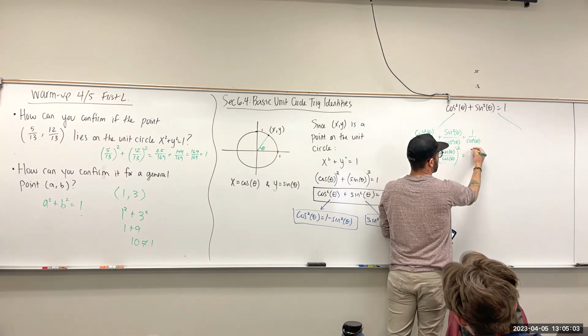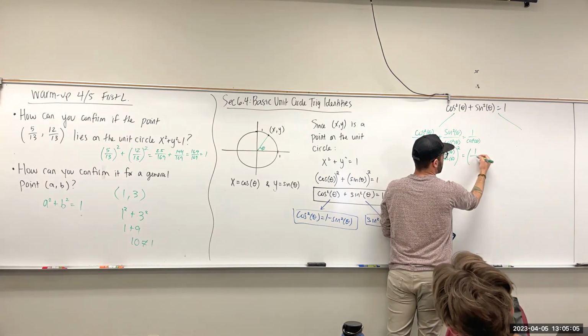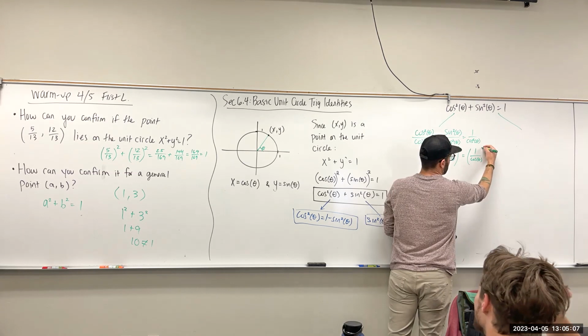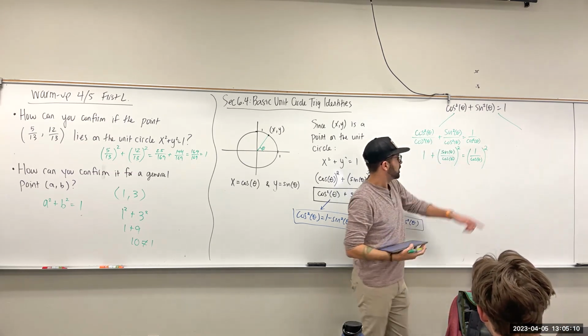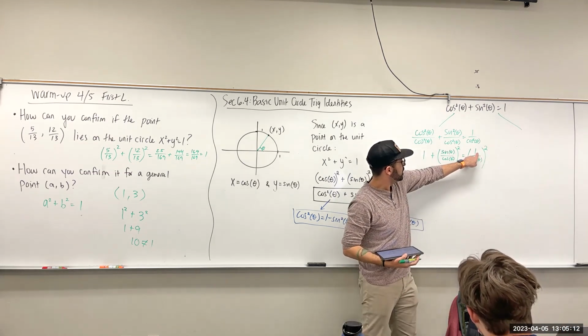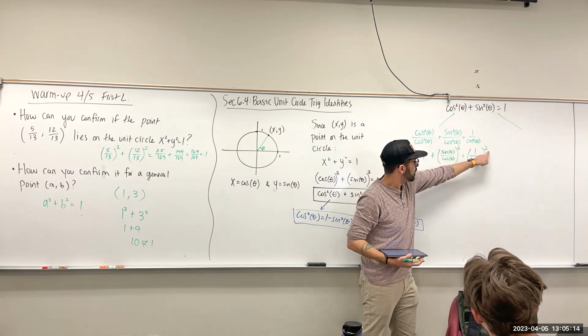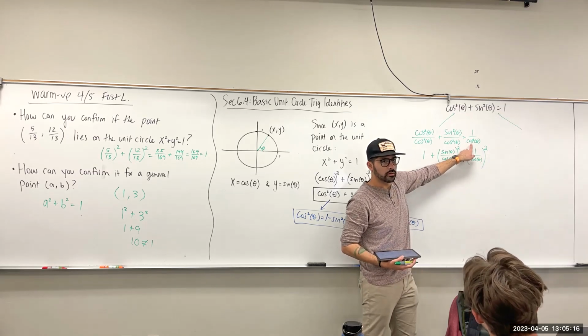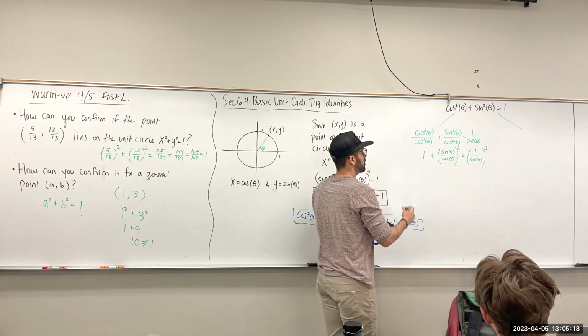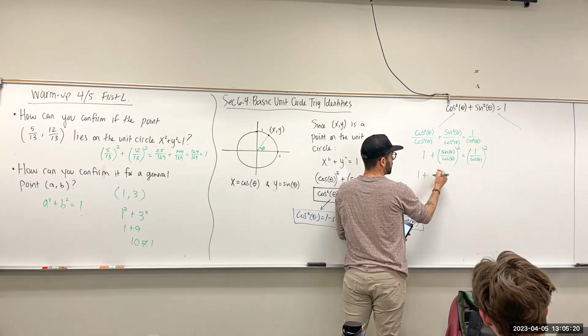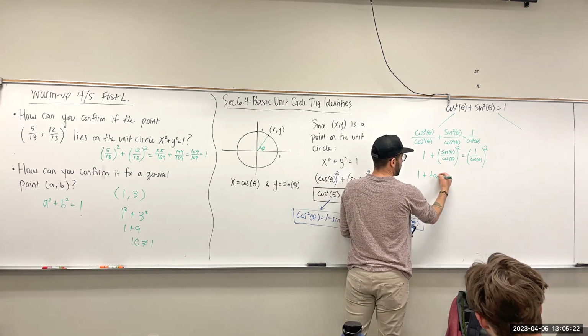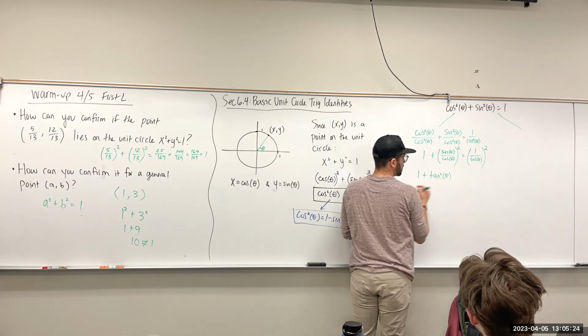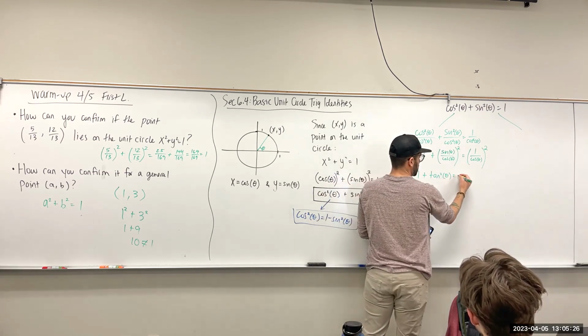Here I can do the same thing, and write this as 1 over cosine theta, and that whole thing is being squared, because 1 squared is 1, and cosine squared is cosine squared, right? So this now becomes 1 plus tangent squared equals secant squared.